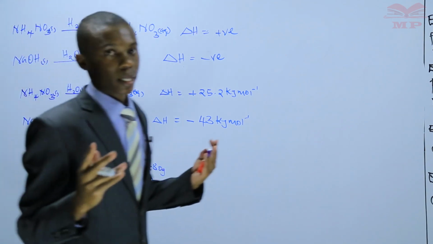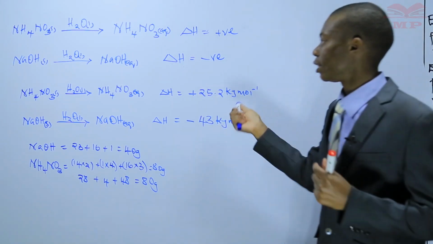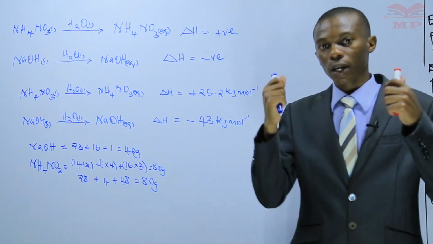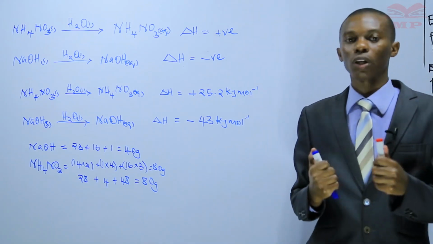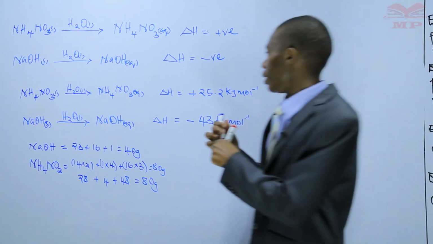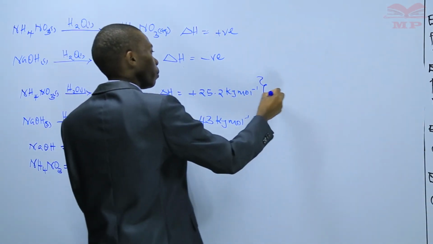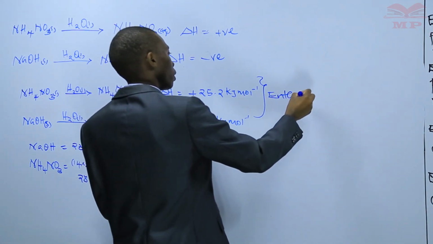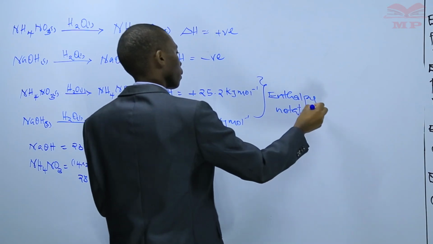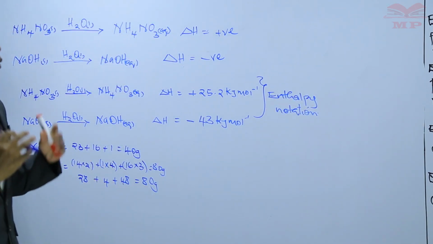Those are very important things to understand. So 1 mole, this is the energy change realized when you dissolve 1 mole of a salt or a chemical in sufficient amount of water. Therefore, these are what we are calling the enthalpy notation. So ensure that you understand that.